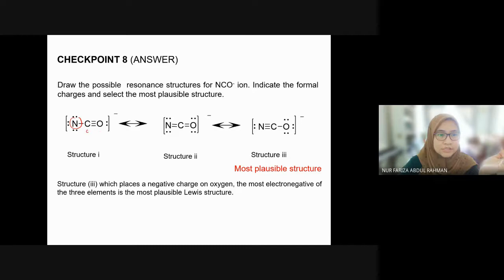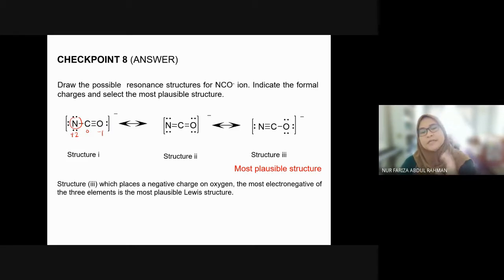For example, this one is 0, this one is negative 1, this one is positive 2. Place them on the Lewis structure itself, on the resonance structure itself, so that it is easier for the examiner to refer to.